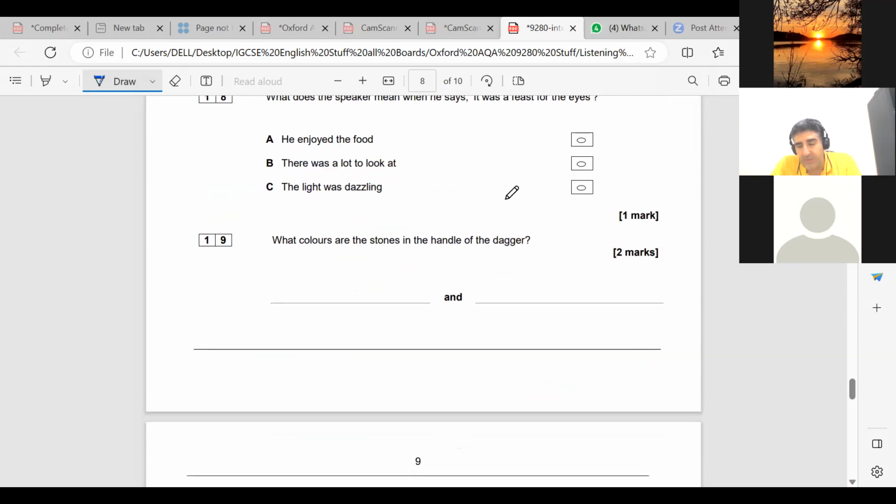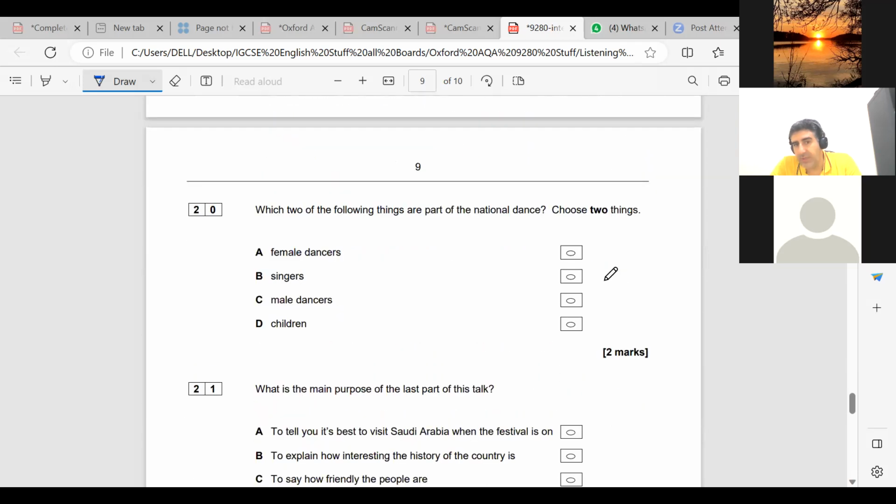At first multiple choice questions, after that open questions like this one: what colors are the stones in the handle of the dagger? 2 marks. Imagine, this question is worth 2 marks. As you see, open questions have very high marks, while multiple choice questions are just 1 mark. Or here, choose 2 things. If it's a question like this, you should choose 2 answers, not just one. That's why you have 2 marks.